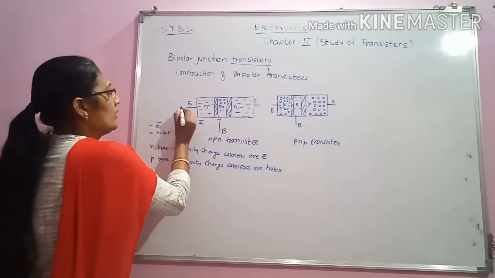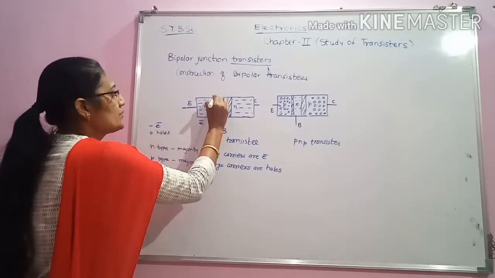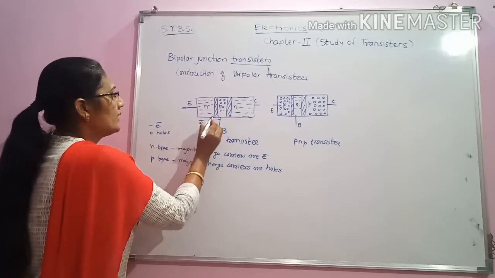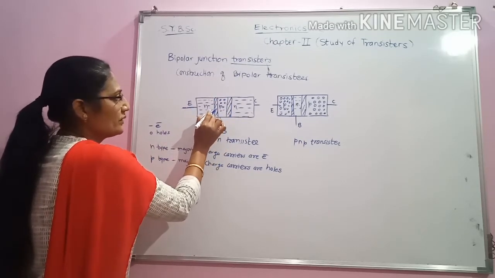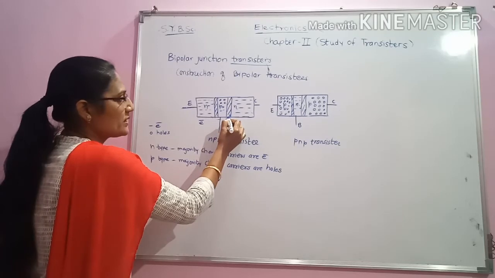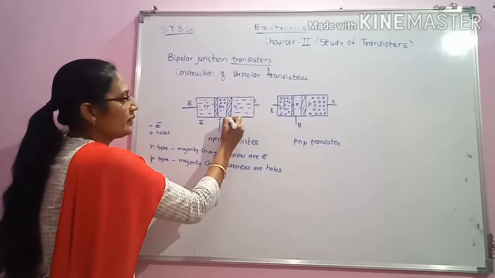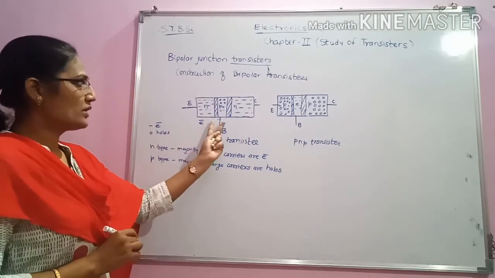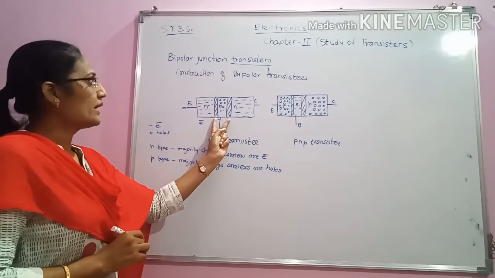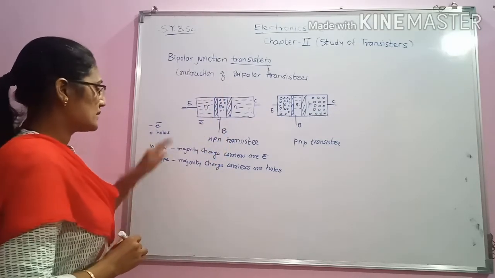So this portion is called the emitter base junction, and this portion is nothing but the collector base junction. Therefore, such two junctions are present in bipolar transistors.